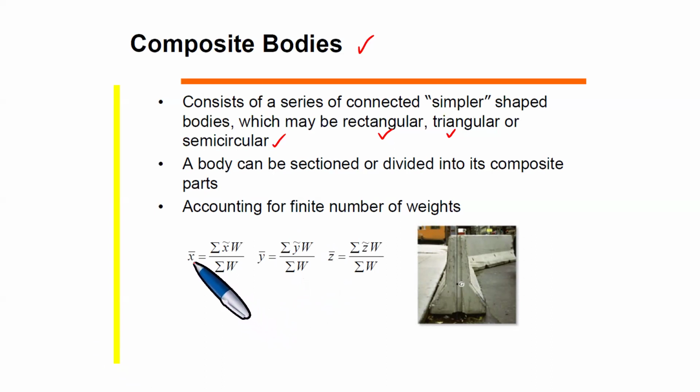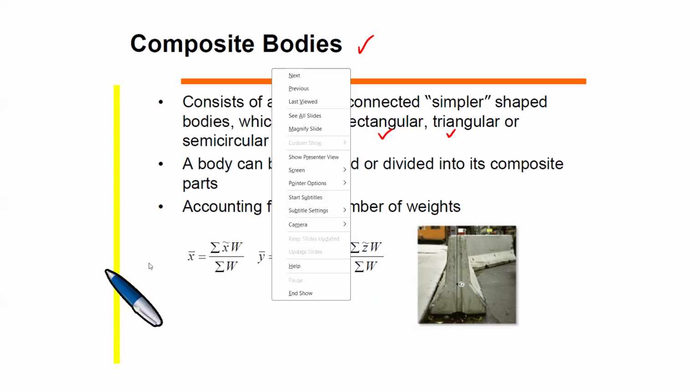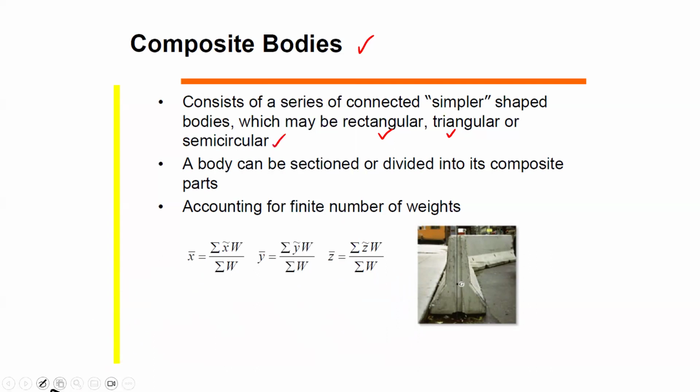The x bar becomes the sum of x tilde w over the sum of w, the total weight. The y bar is the sum of y tilde w divided by the sum of w, and the z bar is the sum of z tilde w divided by the sum of w. This gives us the center of gravity. Let us continue.